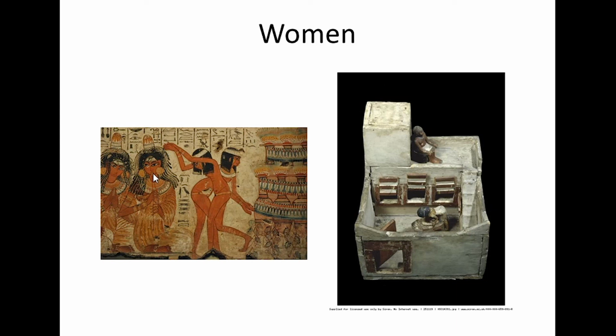You can see a double-barreled flute coming out there. They're quite elaborately dressed. And they've got these cones on the top of their heads, which were probably a soft perfumed wax that melted and gave.